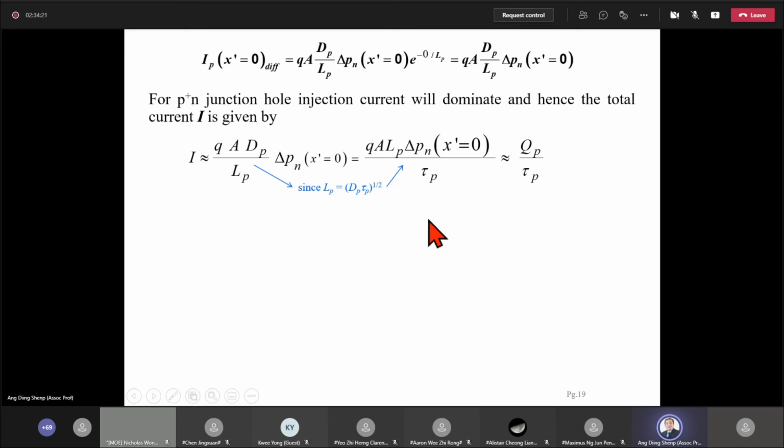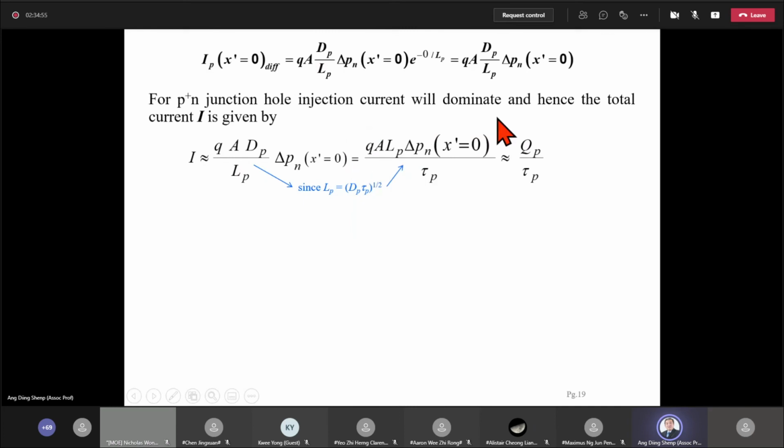We can re-express this by noting that LP is defined as the square root of Dp tau p. This was done much earlier. If we make use of this definition for LP, then it is possible to express the ratio of Dp over LP to be LP over tau p. You can see for yourself: if I square both sides, I get LP squared equals Dp tau p, and from there, Dp over LP can be expressed as LP over tau p.